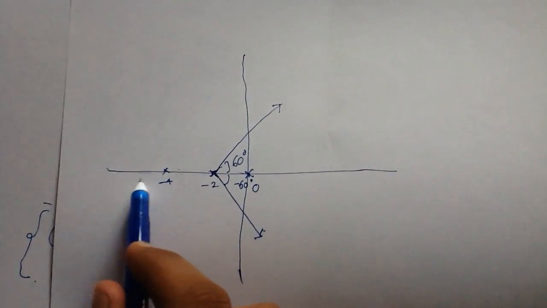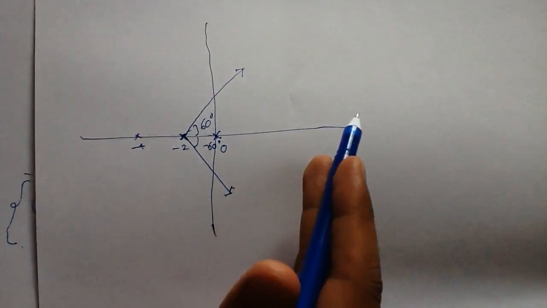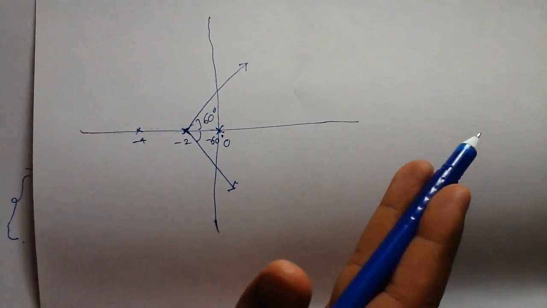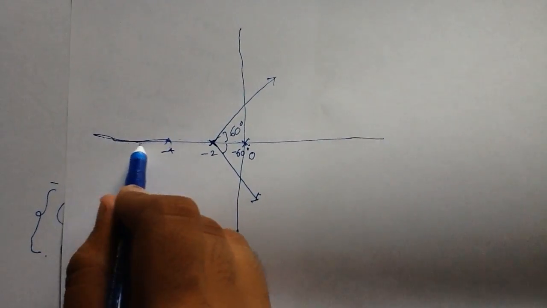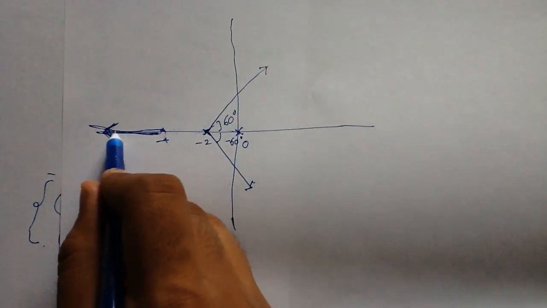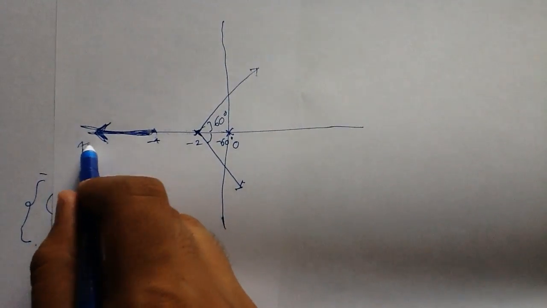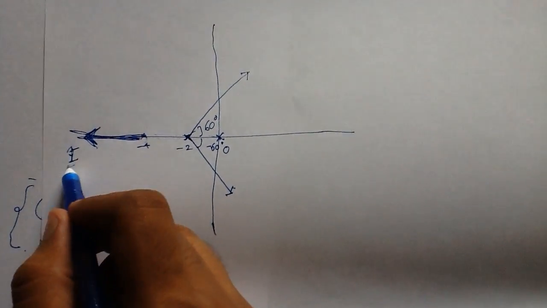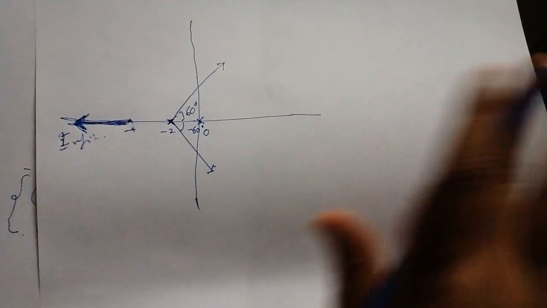So if you take any test point to the left side of minus 4, the number of poles and zeros to the right side is always odd. So the whole real axis to the left side of minus 4 is a part of the root locus. I'm just brightening that part. This is the first or second branch going to infinity. So 180 degrees asymptotes, your work is done.